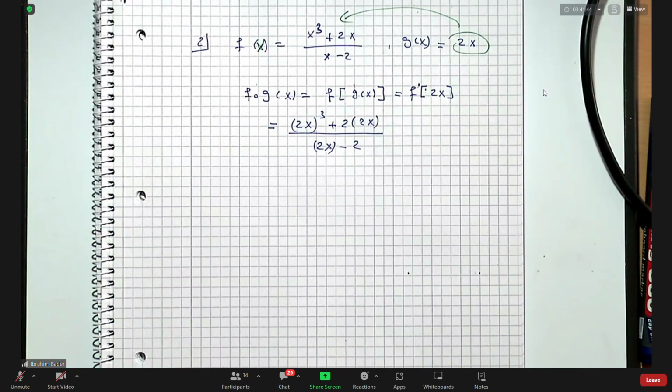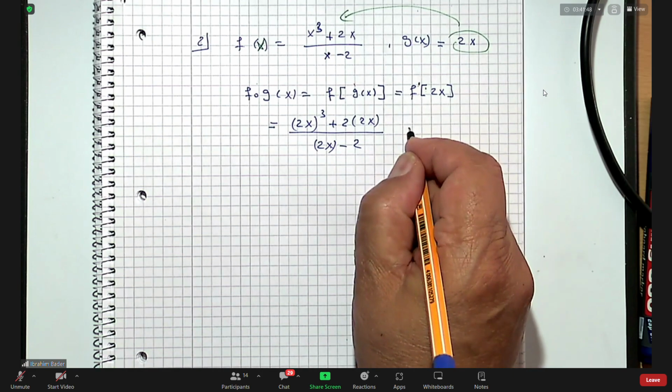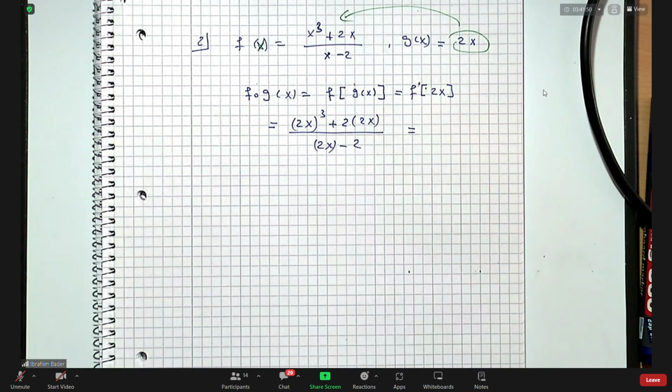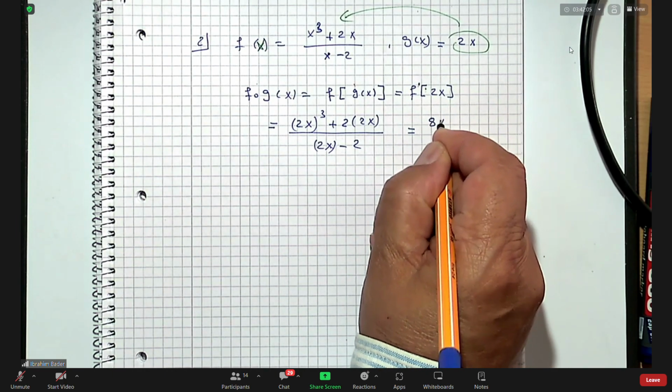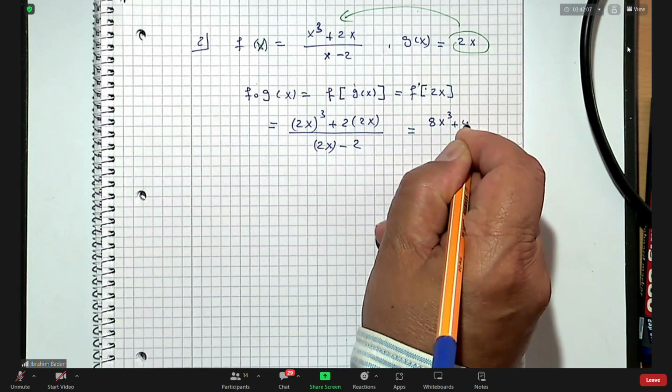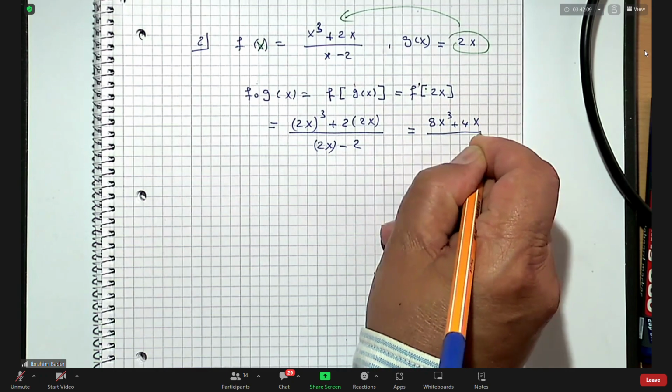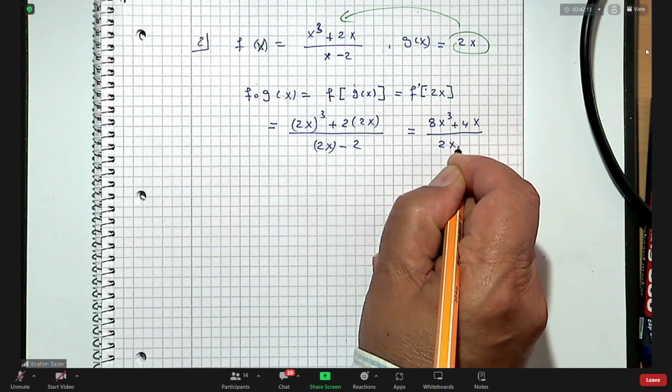Now I see sometimes some students are not able to evaluate this. What is this? It's 2 to the power 3 times x to the power 3, so it's 8x to the power 3 plus 4x over 2x minus 2.